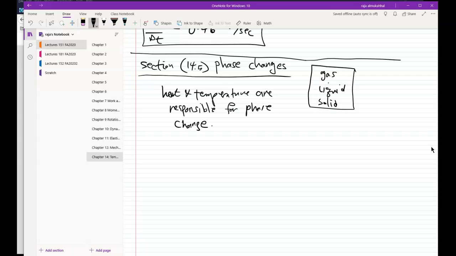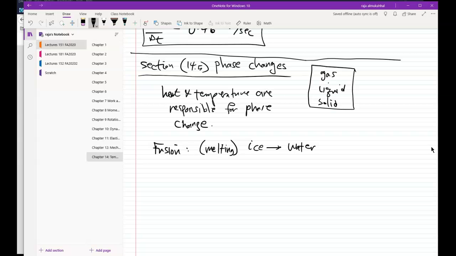Okay. So we have two concepts here, two phase transitions. One is called fusion, which is just a fancy word for melting. This is the word we use in daily language, melting. So, for example, ice melting into water. Okay, that's called fusion.